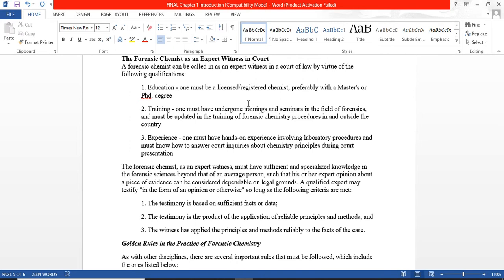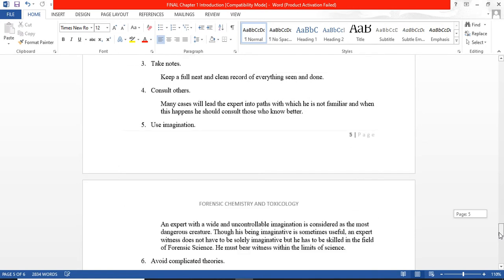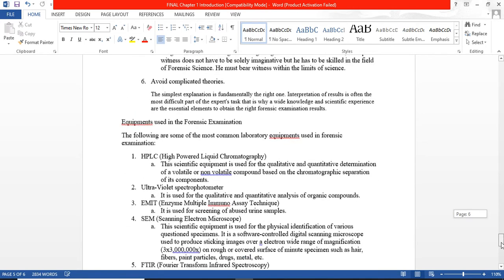Depende kung ano nga type sang kaso nga ginapa-testify ang witness. Ibig sabihin, compatibility. Okay? Lastly, aton is ang golden rule.